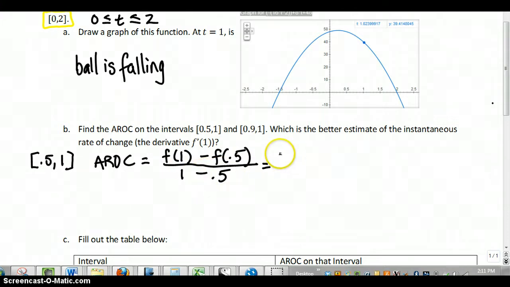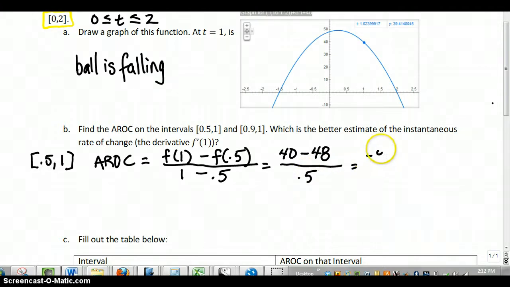So up top, f(1) turns out to be 40, and f(0.5) turns out to be 48. So we have 40 minus 48, or it's gone down by 8 feet during that time. And on the bottom, we have 1 minus 0.5, which just turns out to be 0.5.